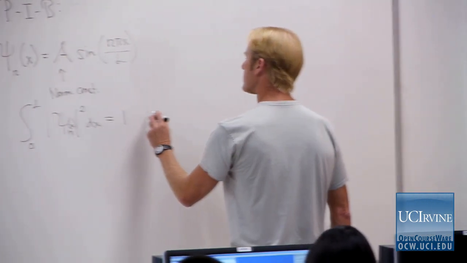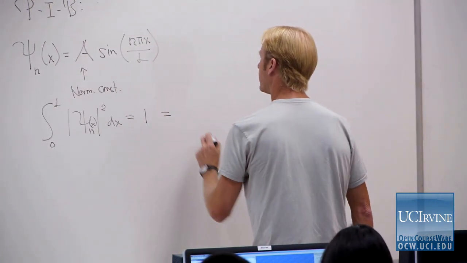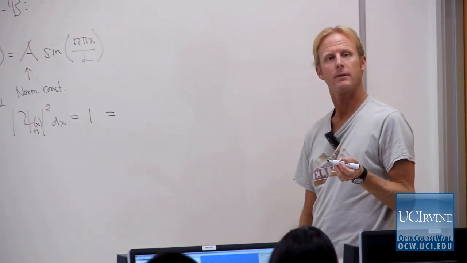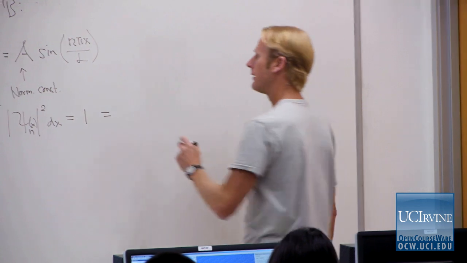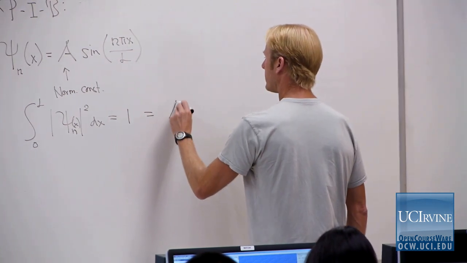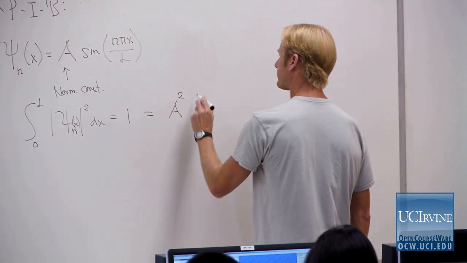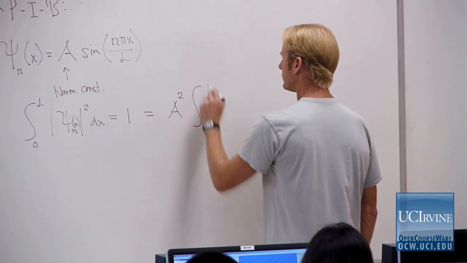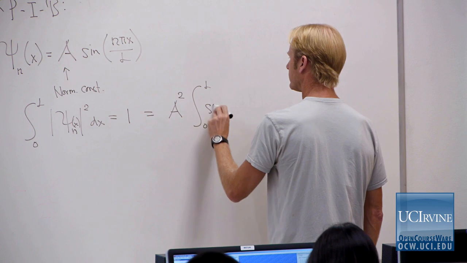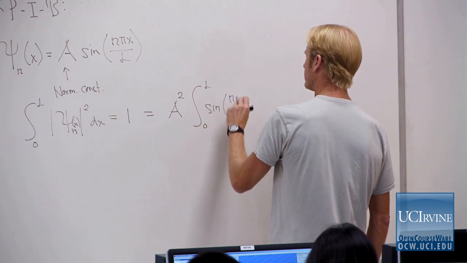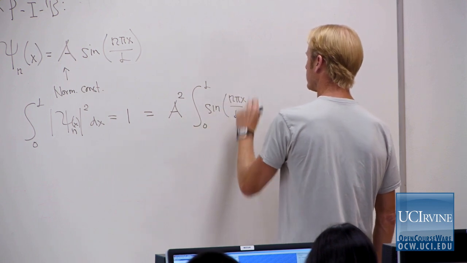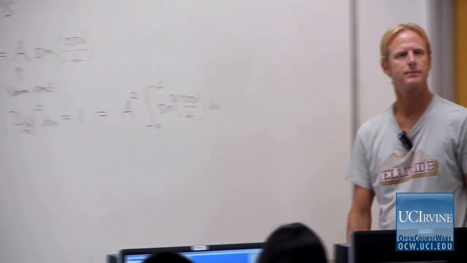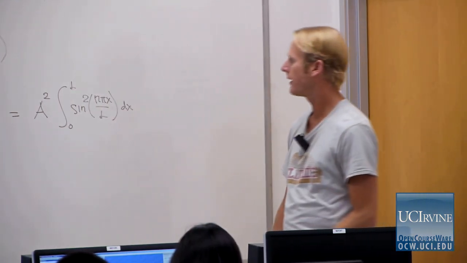Okay, so for our present example then, that means that if we wanted to determine this constant A, we would need to evaluate an integral. That looks like that. All right?